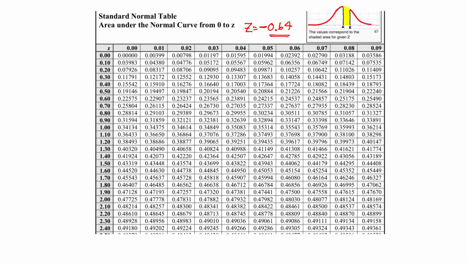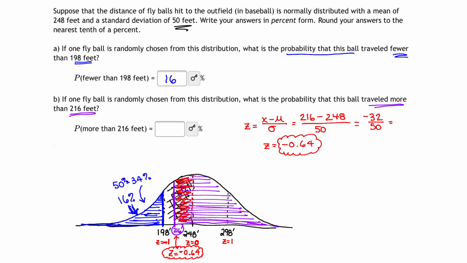All right, so we're just looking for the positive value, 0.64, and where one row meets one column, we get a score of 0.23891. Everybody see that? 0.23891.